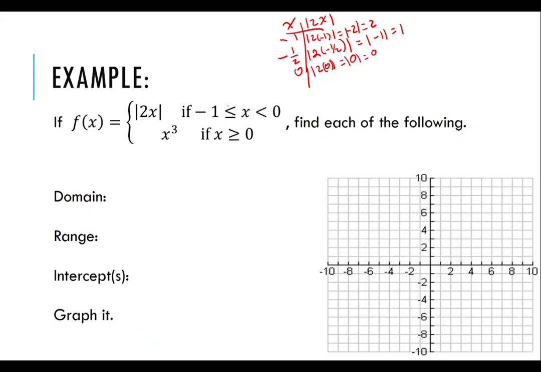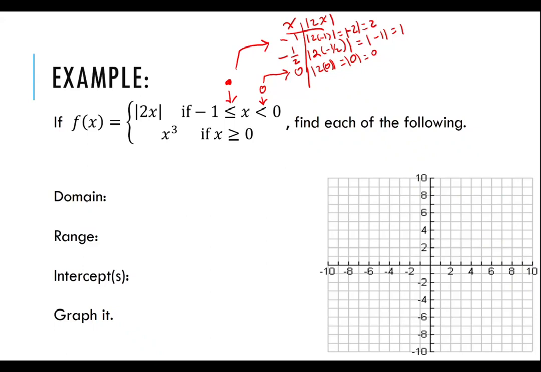Now, be a little bit careful, because these inequalities or equalities correspond to solid dots and open circles. Equality is a solid dot. So that means that the ordered pair (-1, 2) is a solid dot. The strict inequality is an open circle, and so we know that the ordered pair (0, 0) is actually an open circle.